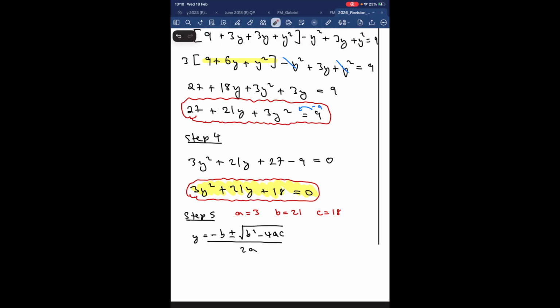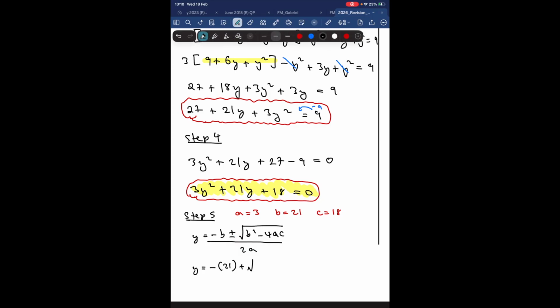Now if I put the values of a, b and c into this equation, remember that when you substitute, you need to make sure that you're using brackets. So y equals minus, and then b goes in its own bracket. When we get to the plus minus, we start by using the plus first.